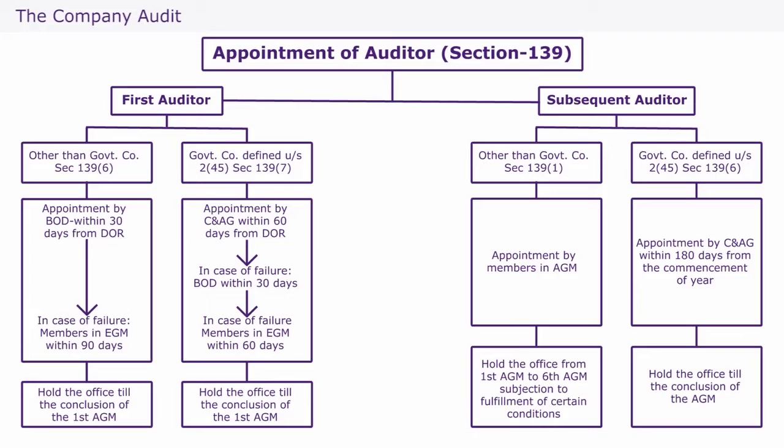As soon as the company is formed, within 30 days the board of directors must appoint the auditors, and that's the limit. But suppose the board of directors does not appoint the auditors within 30 days of registration, what will happen? Then within 90 days, an extraordinary general meeting can be called and the auditor's appointment can be made in that, and that auditor will hold office up to the next annual general meeting. So that's the appointment of auditors of companies other than government companies.